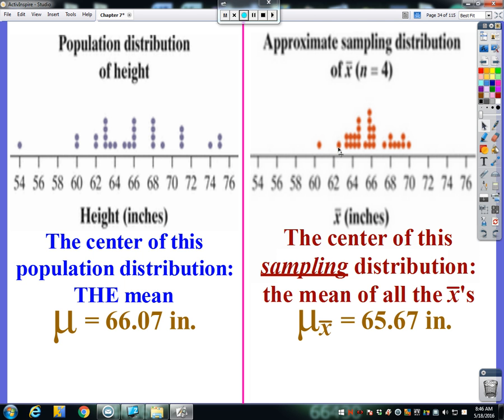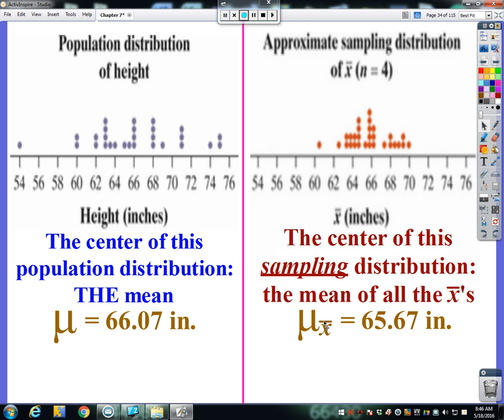Now, based on me taking samples of size 4 and calculating the mean, every one of these dots represents an x bar, a sample mean based on 4 people from this population. And the mean of my means, which is a weird way of phrasing this, is the mean of my sample means. So we're going to call this mu sub x bar.